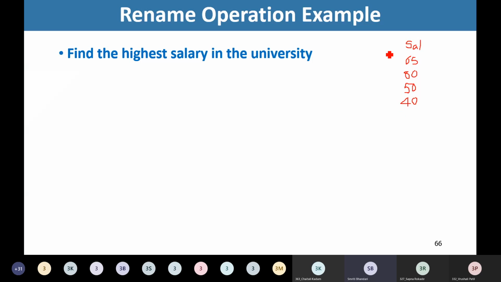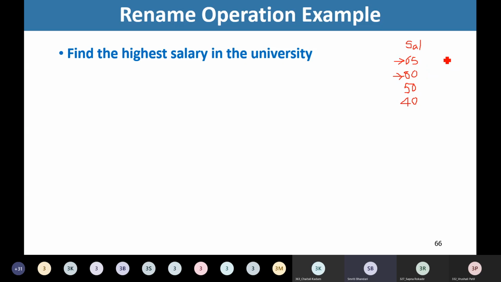But if we look at the relational algebra operations, it is not possible for us to compare the value from one tuple with the value of a second tuple. It is not possible. We can compare the attribute values if these values lie in the same row, in the same tuple.